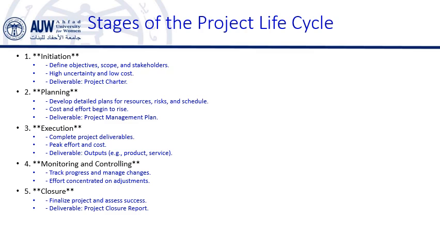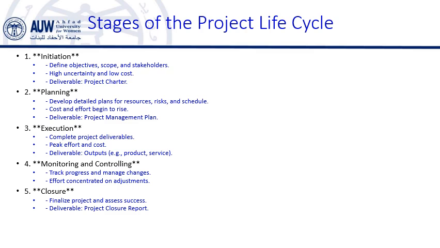The third stage is execution. This is the phase where most of the project's work is completed. Deliverables are produced and the project team works to meet the defined scope and objectives. So this is the carrying out of the project.